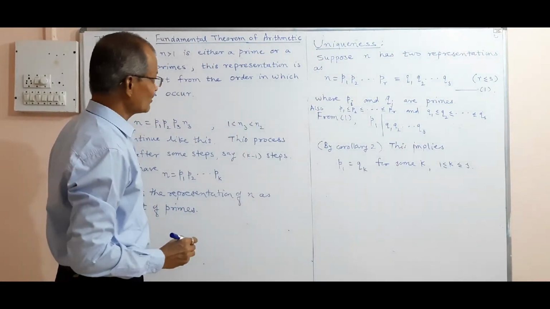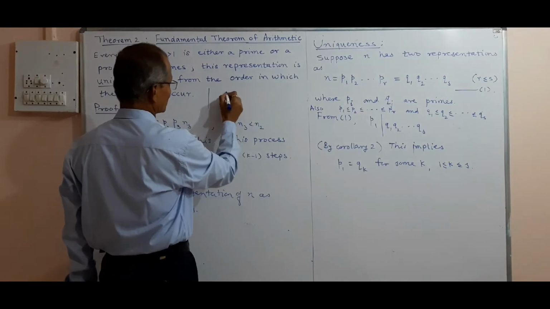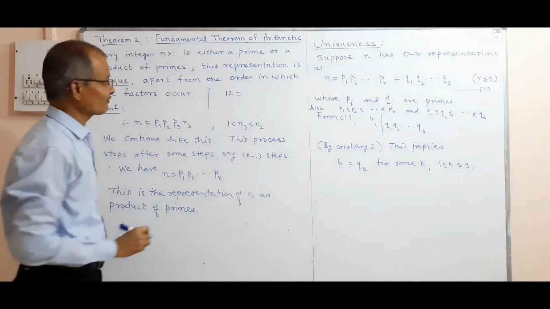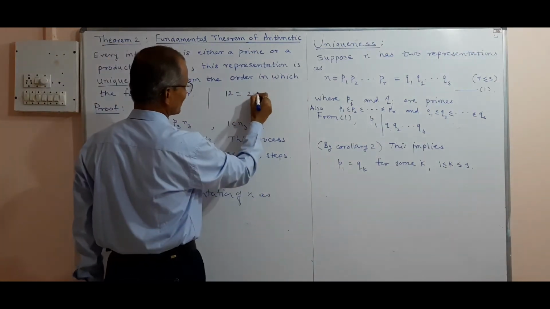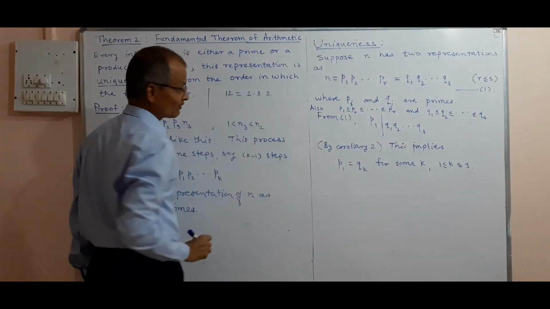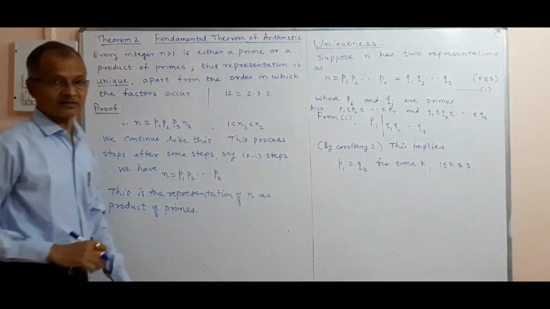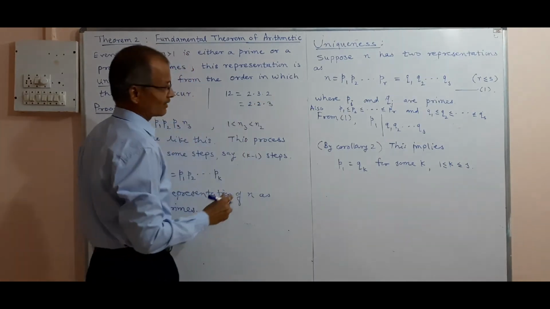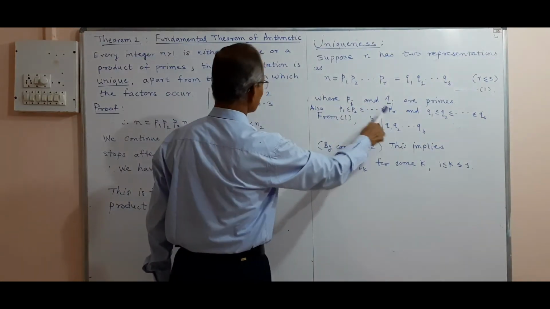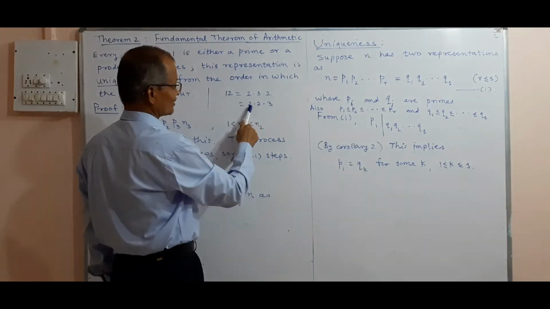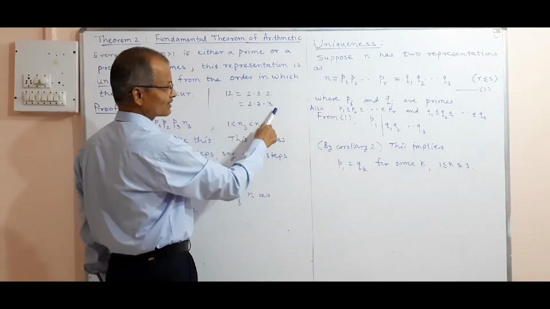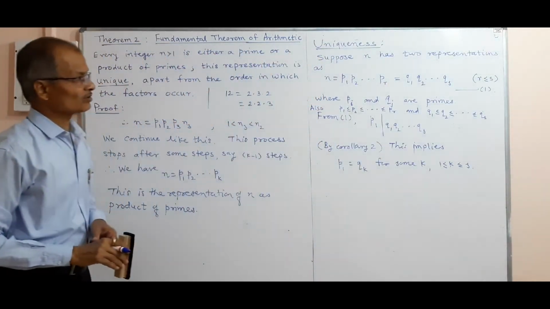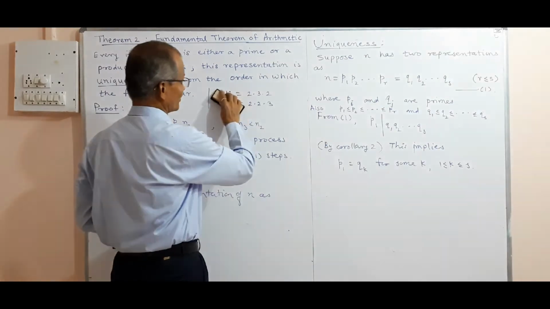Earlier you may consider, say, 12. Now what are the prime factors of 12? These are 2 into 3 into 2. But we should write it in increasing order, that is, 2 into 2 into 3. That is the meaning. P1 is less than or equal to p2. So here p1 equals p2, but p2 is less than p3. Similarly here q1 is less than or equal to q2 and so on, up to qs.